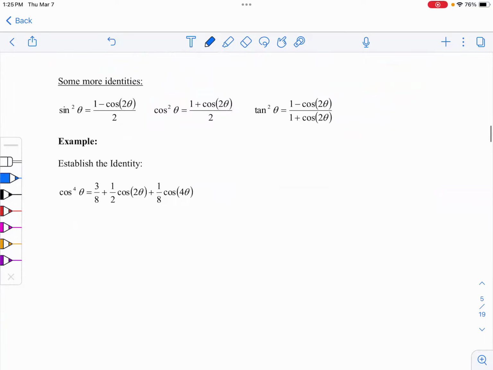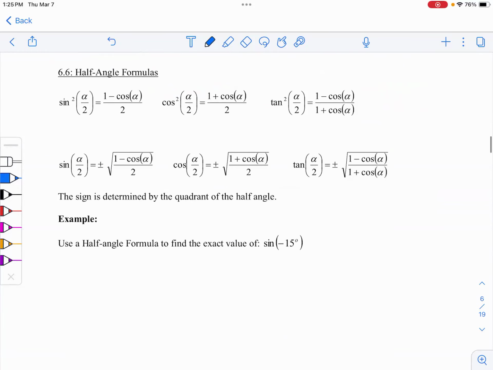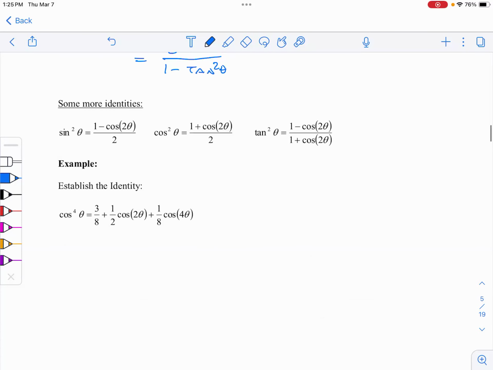All right, some more identities. This is what your cheat sheet, I think, calls power reducing formulas. But be aware that these are the same thing as the half angle formulas. Look at this. The half angle, aka the double angles rewritten.